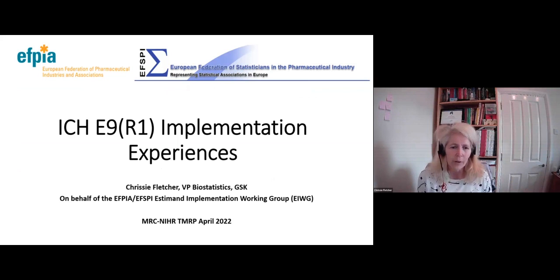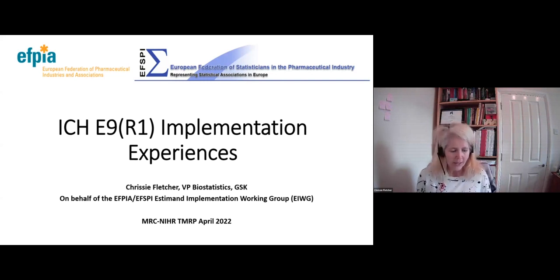Following the finalization of the ICH E9R1, I set up this EFPIA and PSI implementation working group, knowing that there would be a massive gap from where we have been in designing and analysing clinical trials to embracing this new framework. That was set up just as the guideline was being finalised.